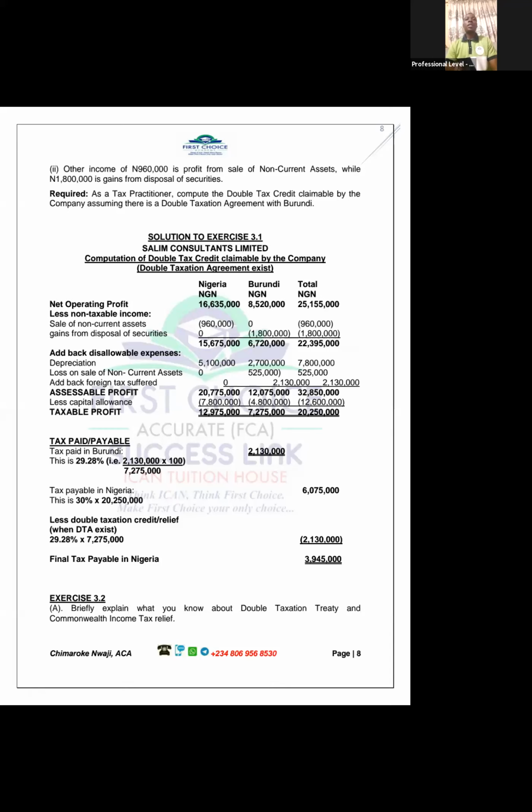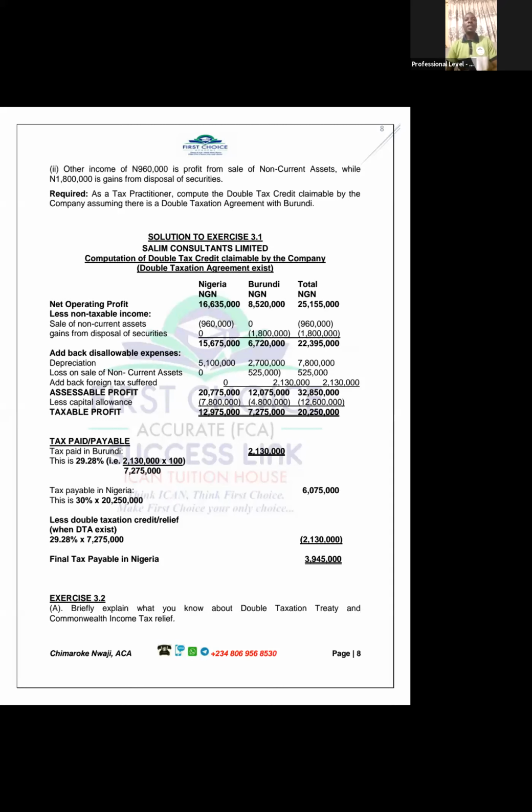If those words are missing, you can safely assume that it does not have a double taxation agreement. So when these words, assuming there is a double taxation agreement, are not stated, you can assume there is no double taxation agreement.